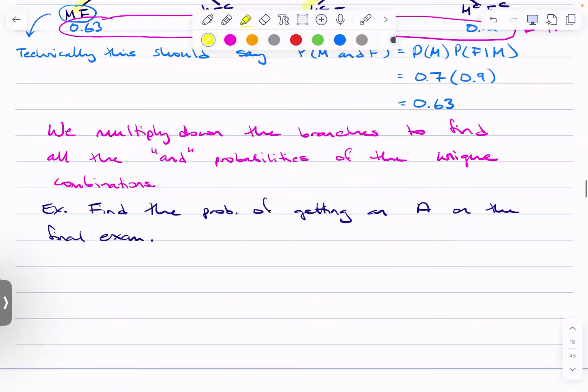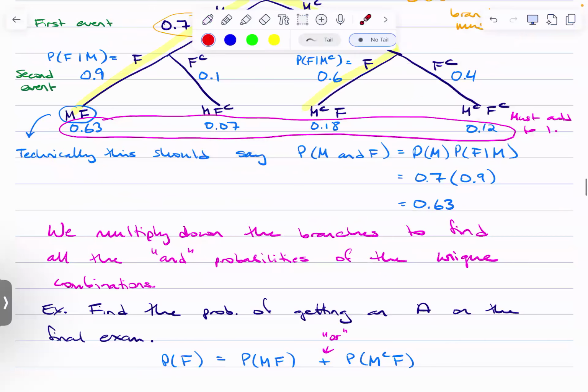And so what we find is that the probability of an A on the final is going to be the same as the probability of an A on the midterm and an A on the final, plus the probability of not an A on the midterm, but still an A on the final. Okay? Because you're saying or, right? This first highlighted branch or the second highlighted branch.